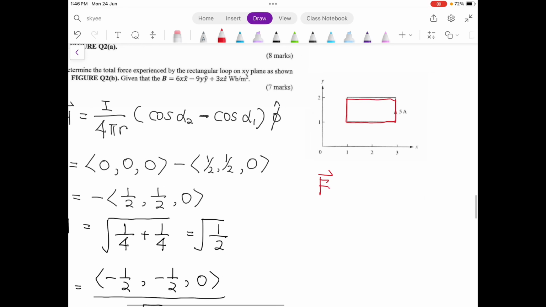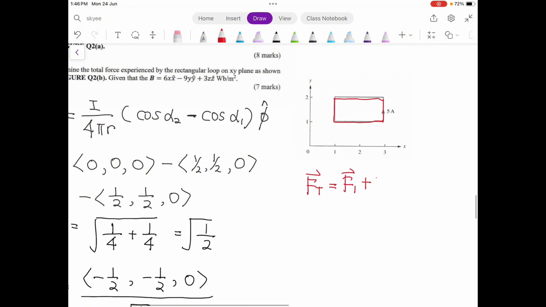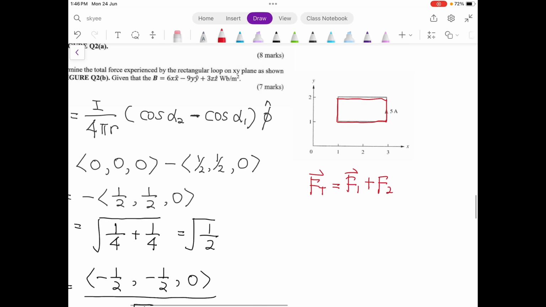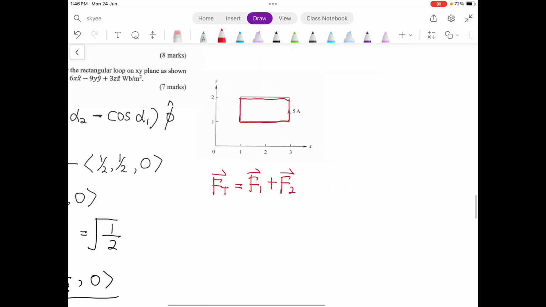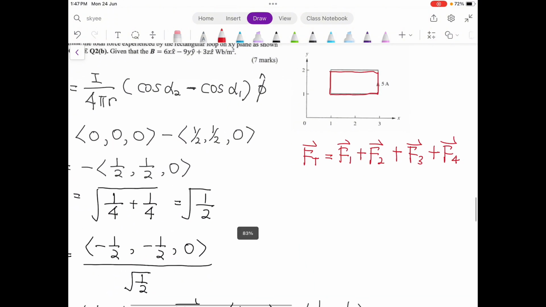So the F total will be the summation of F1 plus F2, plus F3, and plus F4. So this will be the solution.